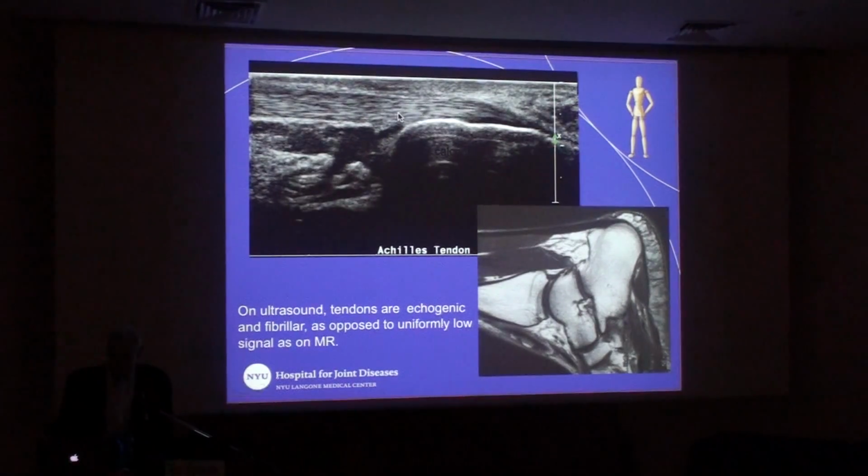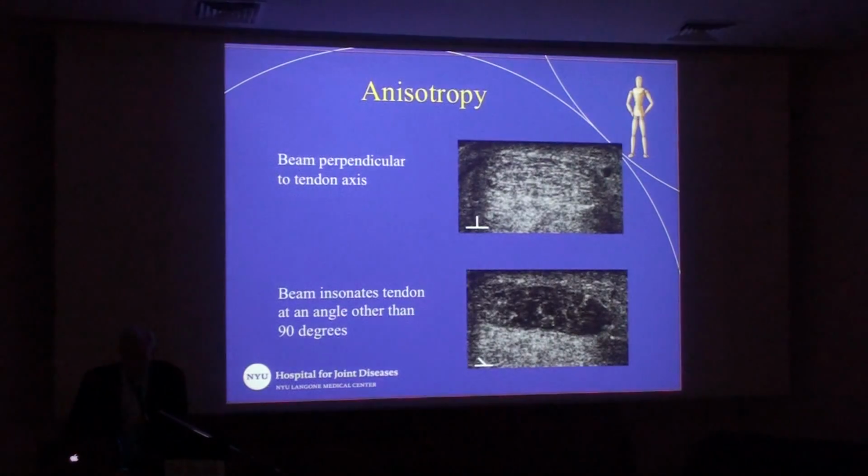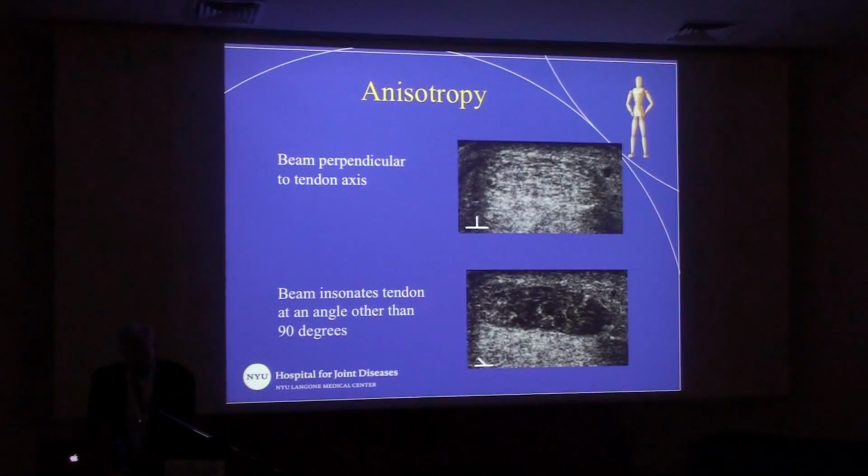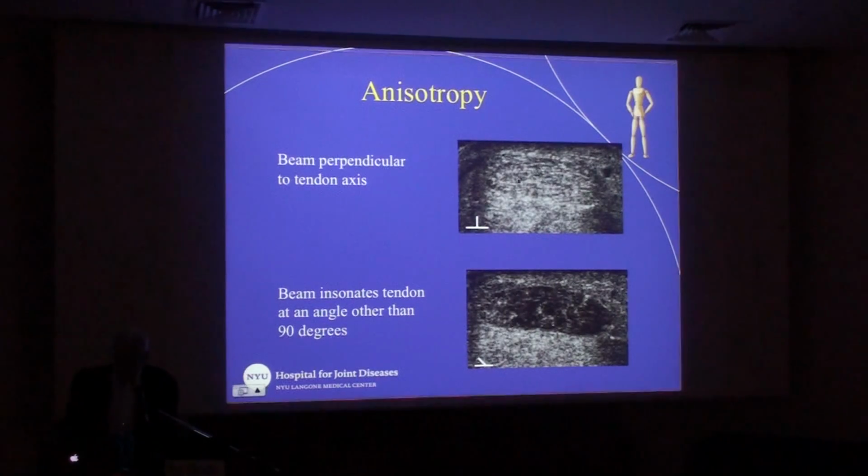But also what's very important is tendons display a property known as anisotropy, which means if we look at this Achilles tendon in cross-section, if we look at this little inset over here, if this is the long axis of the tendon, and the beam is insonating perpendicular to the tendon axis, we get the maximum backscatter to the transducer, which maximizes the echogenicity of the tendon, giving that nice bright elliptical appearance that we see in this image over here.